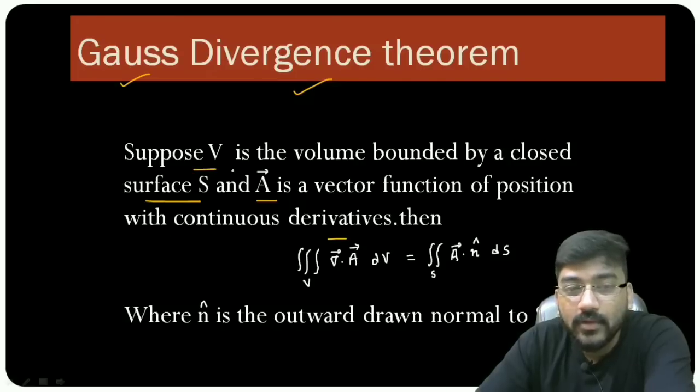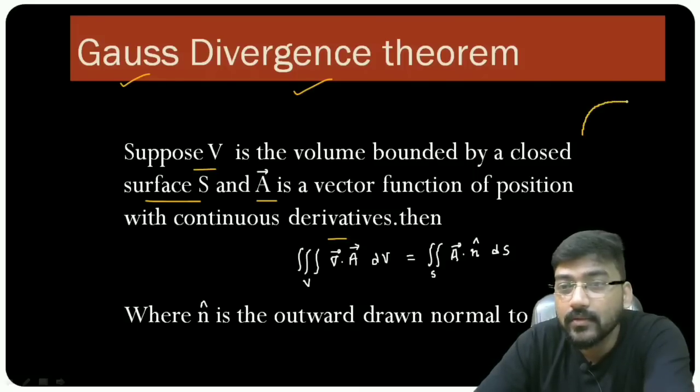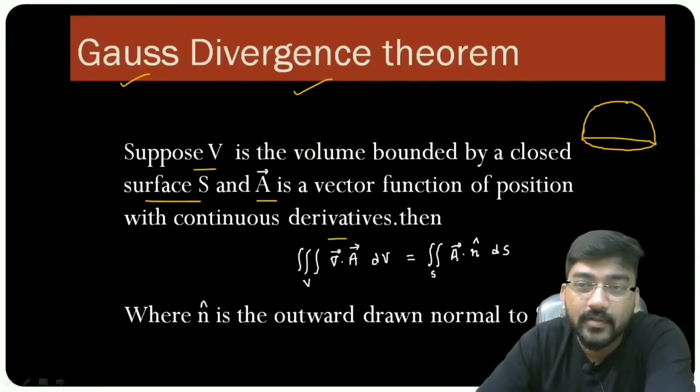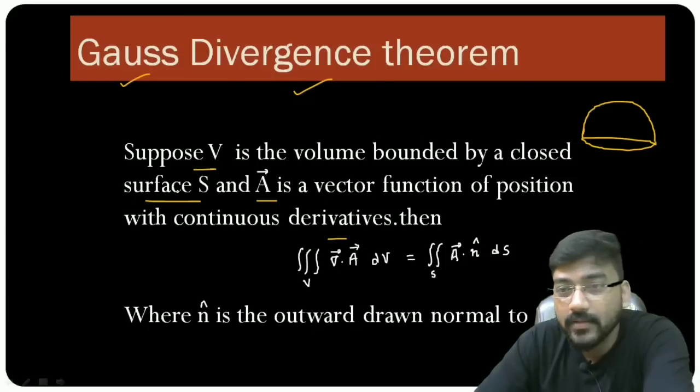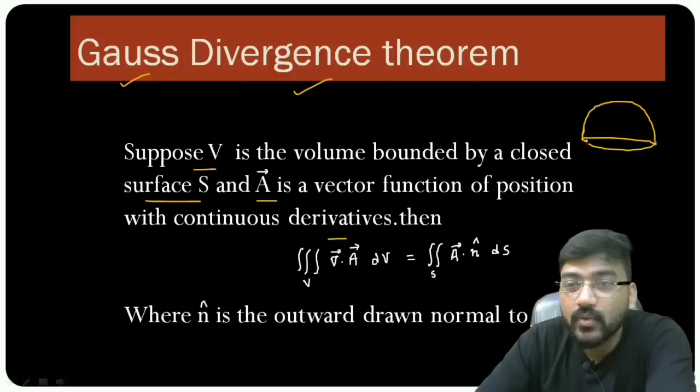If there is a surface, let me take something like a hemispherical surface. You can take something like this. We'll encounter this later on. This is the hemispherical surface, and V is the volume bounded by a closed surface S. If you talk about this closed surface, then you have to complete this sphere.